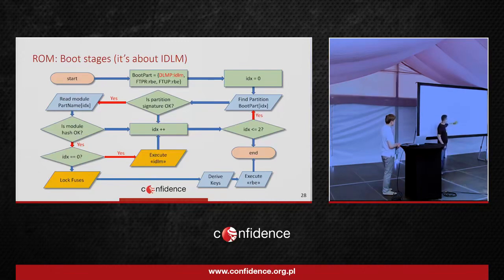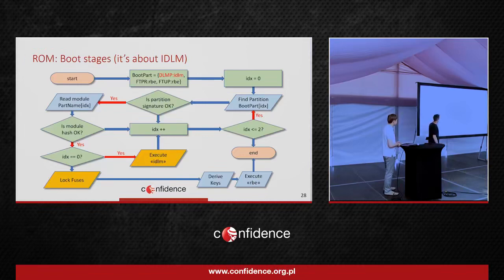So at this stage, you execute code taken from the IDLM module from the DLMP partition. If the index is more than 0, the management engine ROM locks fuses, making them unavailable, erases all data that was read from fuses, derives all keys necessary for the following stages, executes the RBE module, and ends the execution of the ROM code.